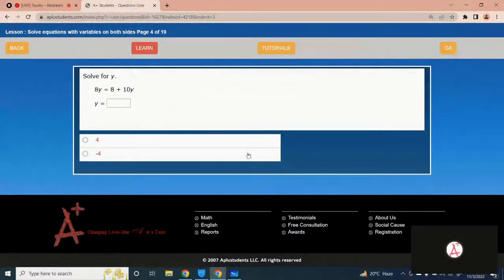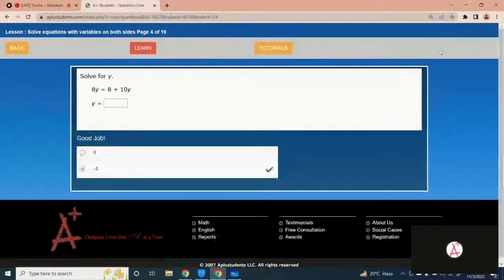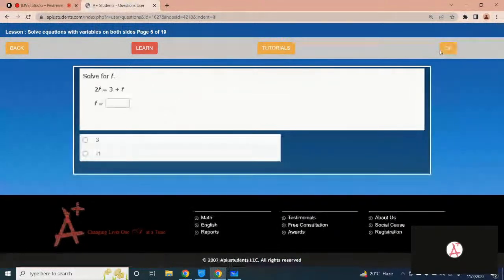Just select the correct option, then click on the OK button. Okay, the next one is 2f equals 3 plus f. So what would be the correct option? So the correct option is 3. Got it? Just select the correct option, then click on the OK button.